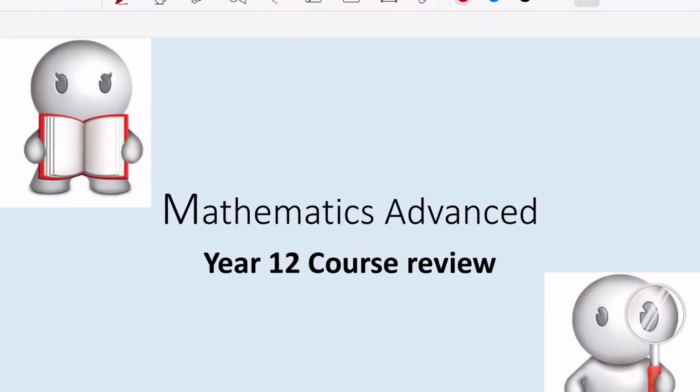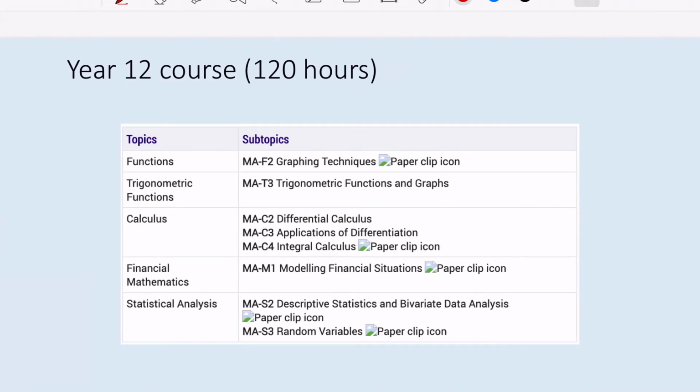Hello everyone, this is a Year 12 course review for the Mathematics Advanced course. In our first slide, we have a listing of all the topics that are studied in Year 12 as well as the subtopics. Whenever you see this paperclip icon, all that simply means is that within this topic that you are studying, there will be content that is common with the Mathematics Standard 2 as well as the content from the Mathematics Advanced course.